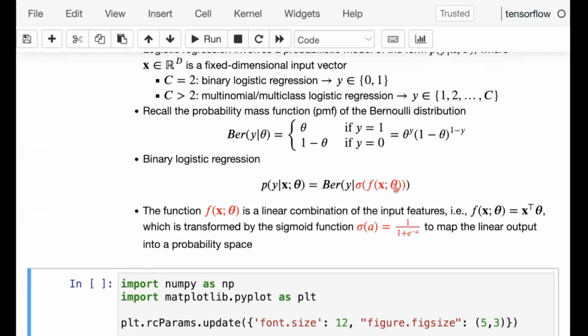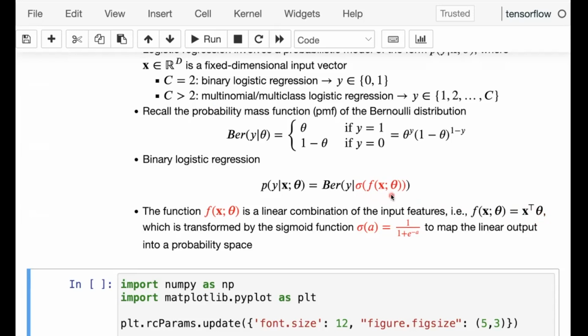To explain this function f, we find a linear combination of the input features, very much similar to linear regression. And you can assume that this is simply the dot product between x and theta, the input feature vector and the model parameters. However, the key point is that this probability parameter should be between 0 and 1, right?